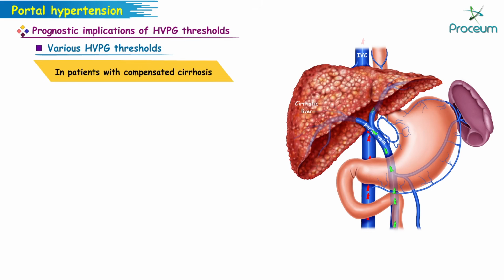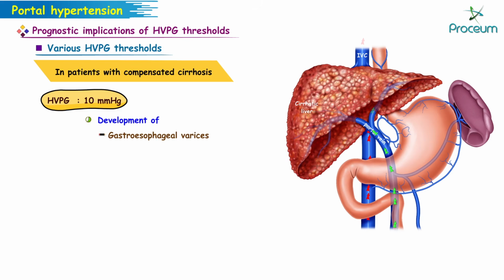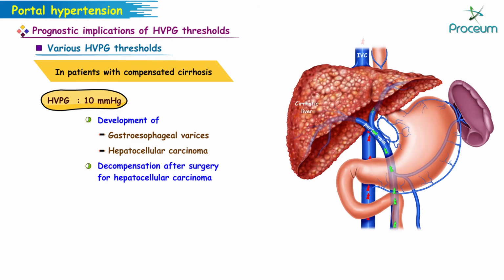In patients with compensated cirrhosis, the hepatic venous pressure gradient of 10 millimeters of mercury results in development of gastroesophageal varices, causes development of hepatocellular carcinoma. It causes decompensation after surgery for hepatocellular carcinoma.